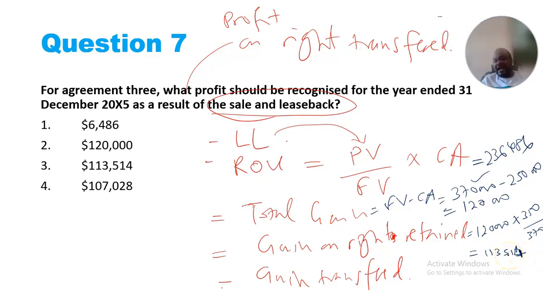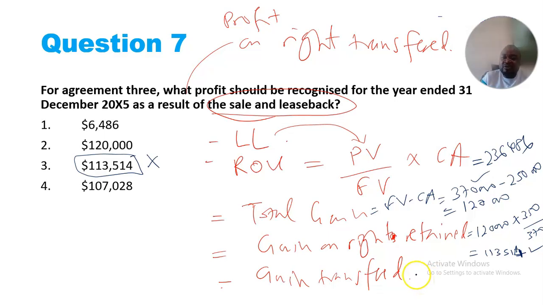Somebody who is tired, who has not been coached by the ACCA tutor, will quickly run to pick this amount, and fail the exam. They will rush to pick that amount and fail the exam.